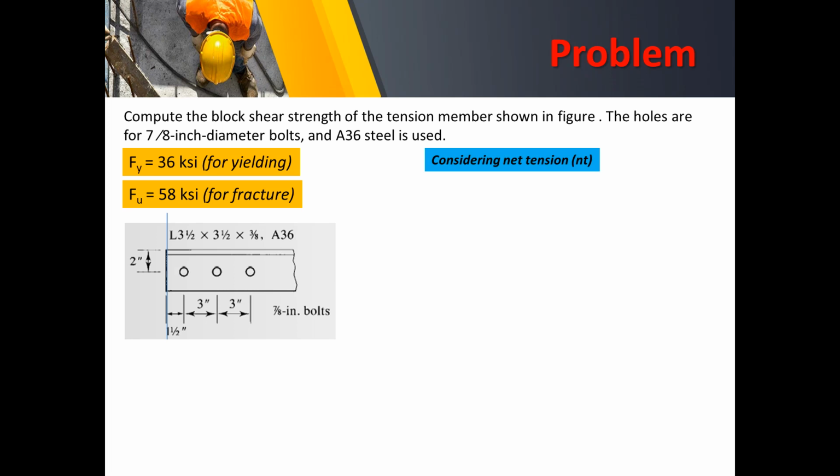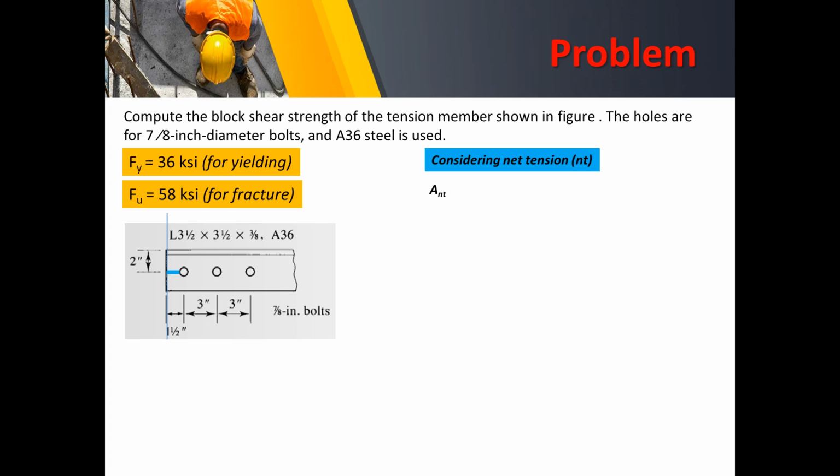So this is the area of the tension that we have discussed a while ago. Of course, this line shall start with the far end edge of the tensile member.